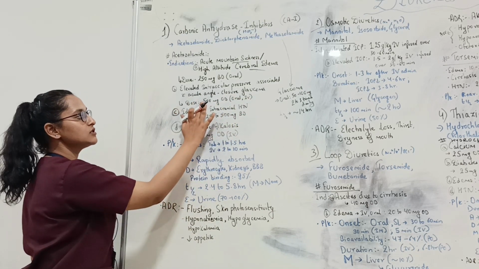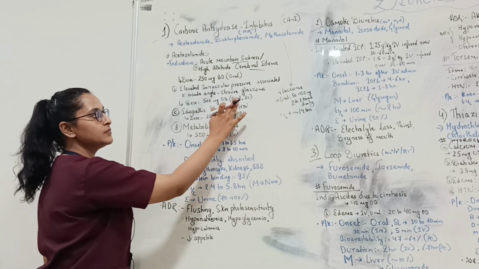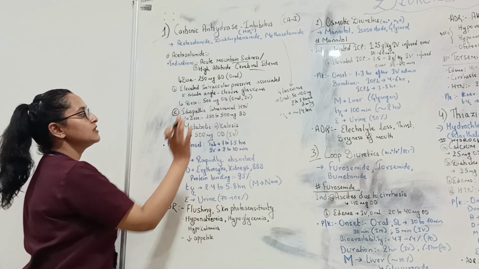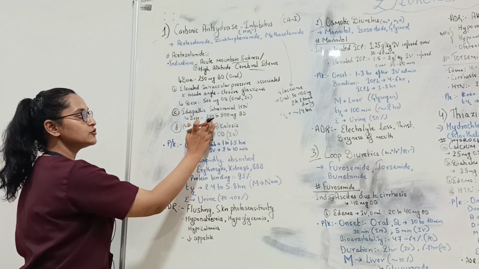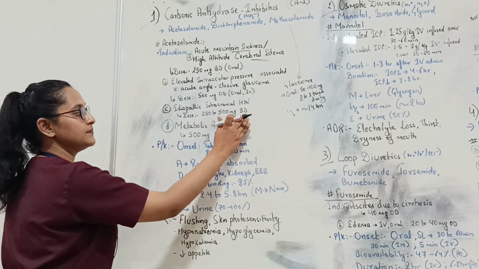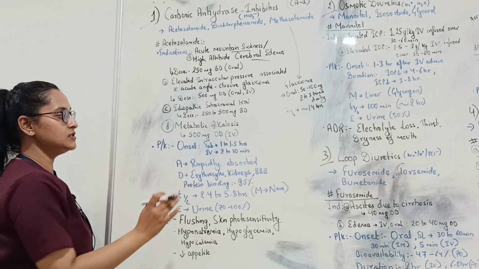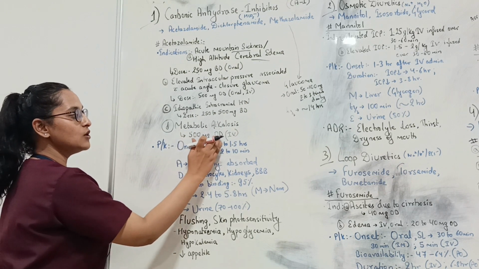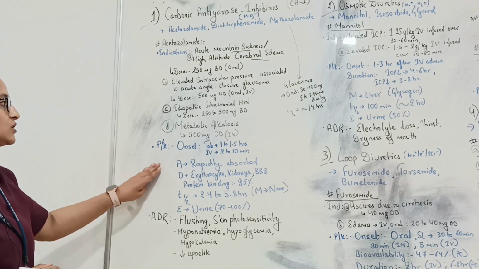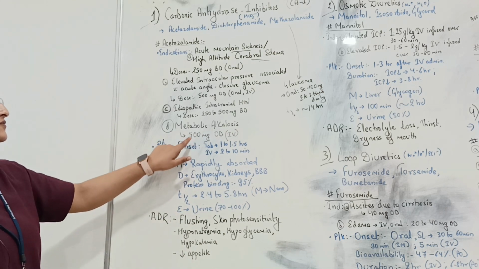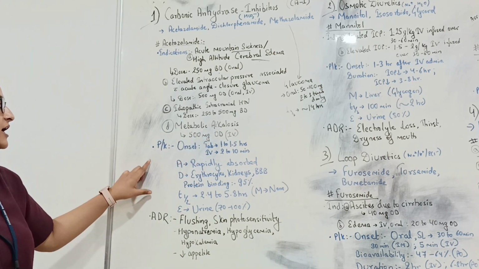For this one, the dose is 500 mg OD, oral as well as IV. For the third one, idiopathic intracranial hypertension, the dose is 250 to 500 mg BD. For metabolic acidosis, the dose is 500 mg OD in the IV form. And for metabolic alkalosis, 500 mg OD in the IV form.